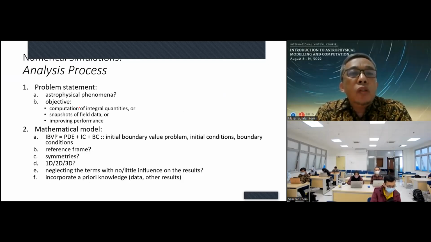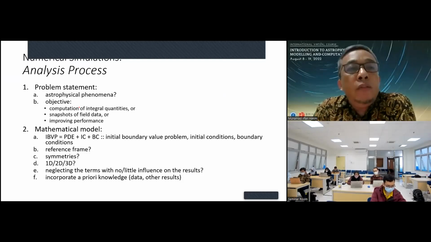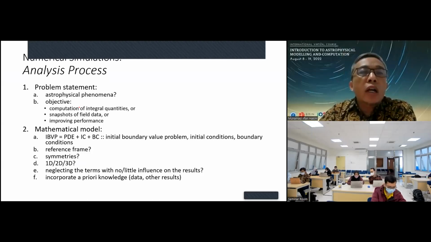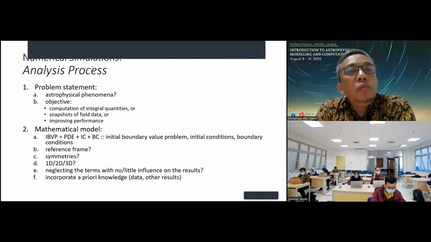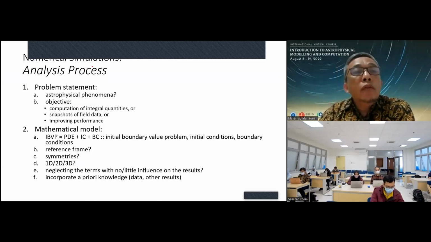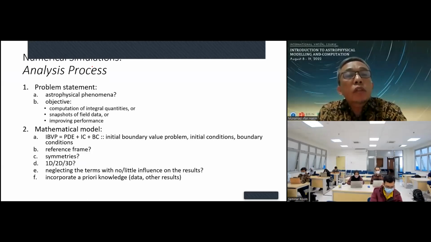In business process perspective, these are some of the steps that we are doing. First is a problem statement. What is the astrophysical phenomena? What is the objective of your research?